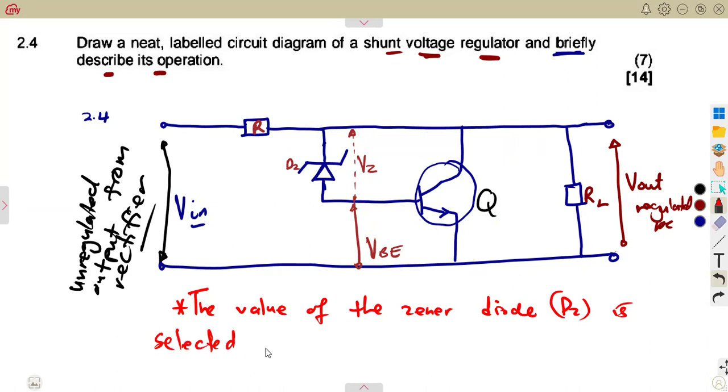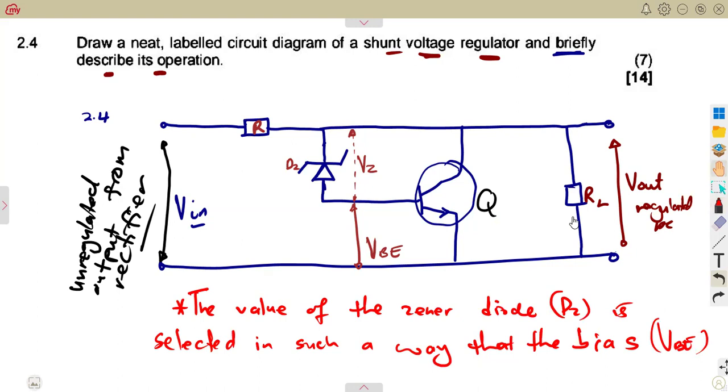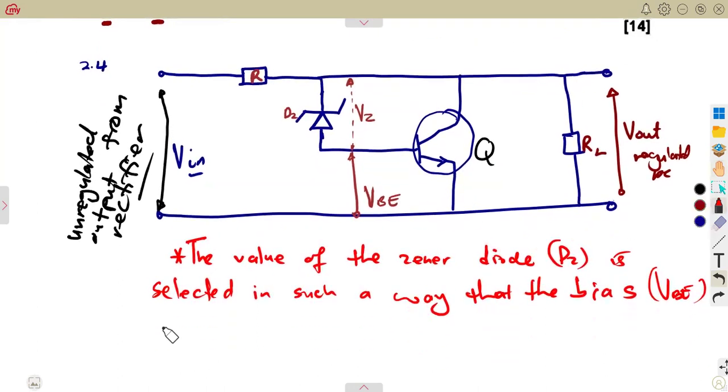It is selected in such a way that the bias, which is VBE, affecting the transistor is low enough. The transistor is Q, I'm just going to put Q. You can write it as T, depending on the way you understand.